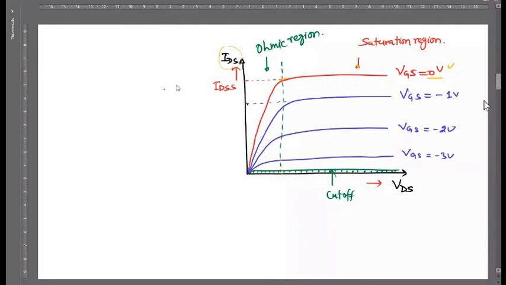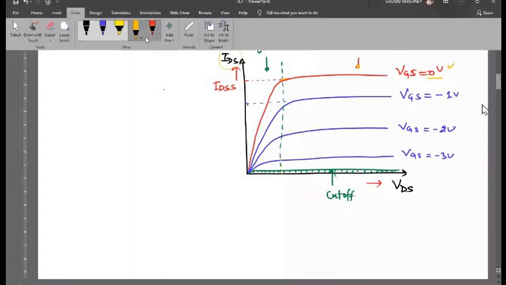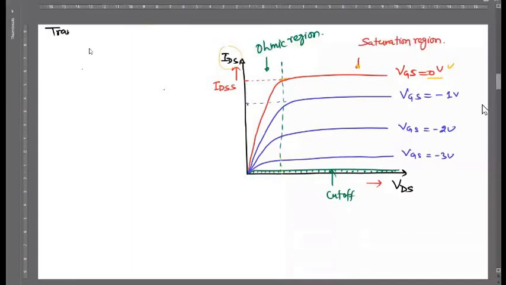And when we apply negative voltage between gate to source, this drain to source current reduces. So this is the output characteristics of JFET.